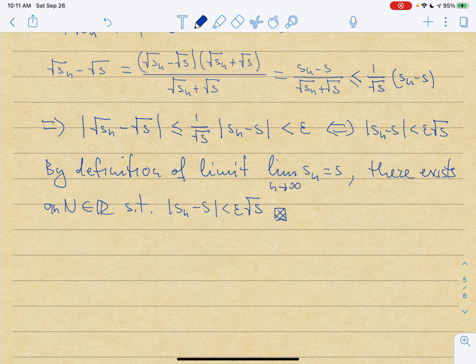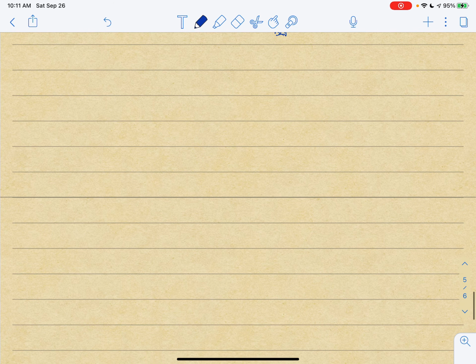One more example of a similar type. And that would be example 6 in the book, also important.